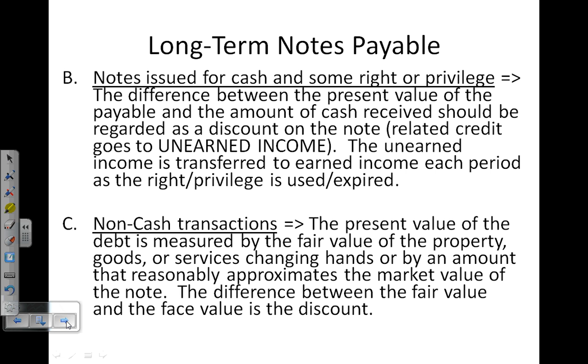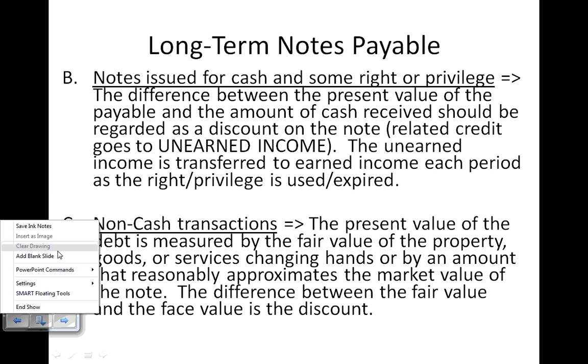So let's look at exercise 22 here. They tell us that SPAF borrows $75,000 by issuing a 4-year non-interest-bearing note, so the stated rate is 0, to a customer on January 1st, 2013.